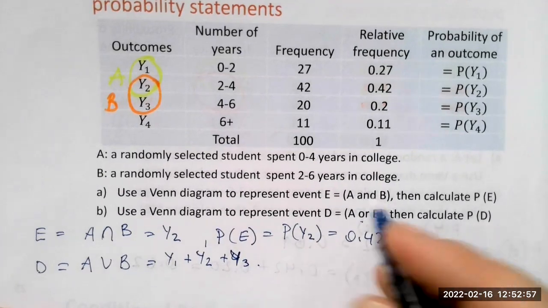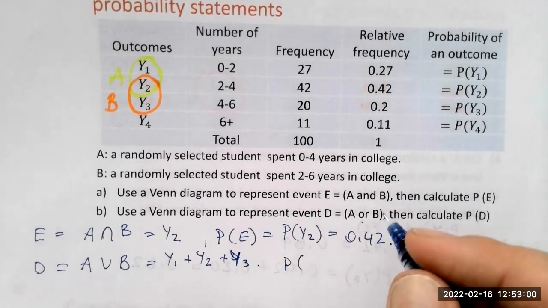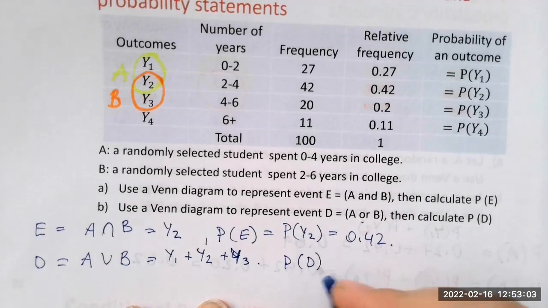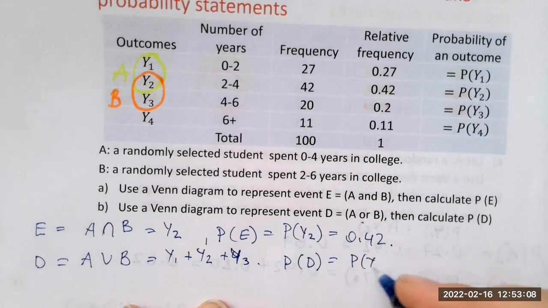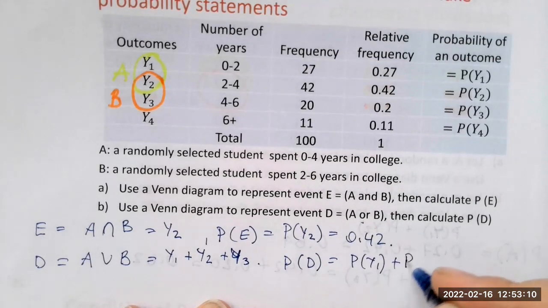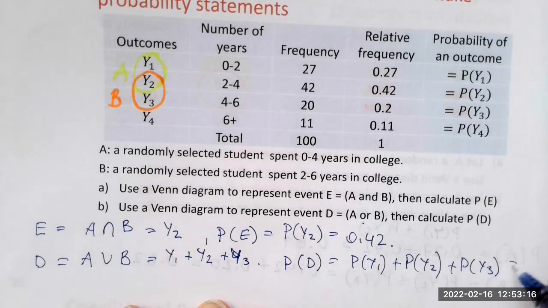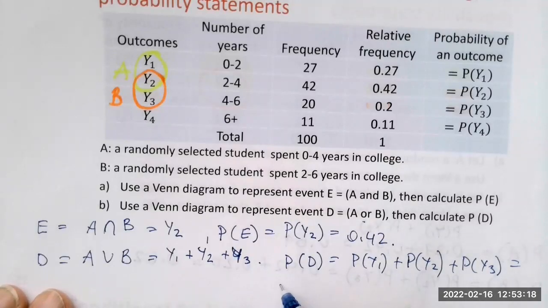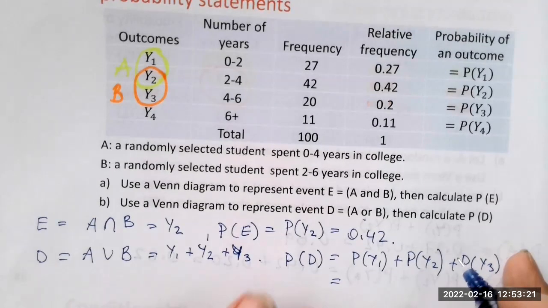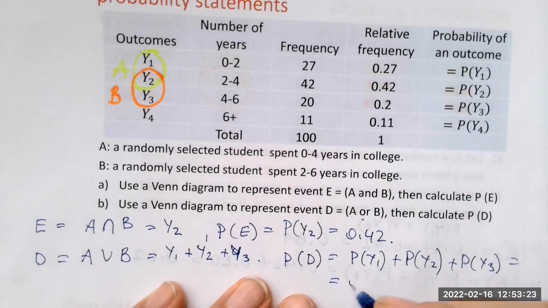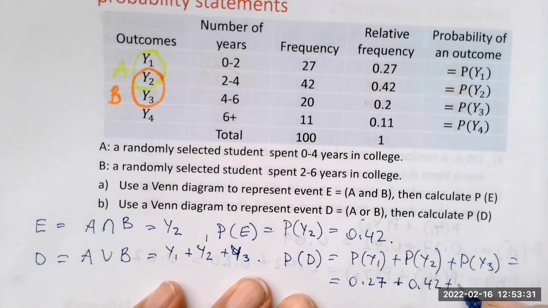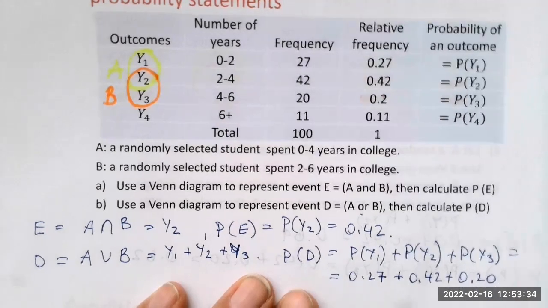To find the probability of event D, we have to add the probability of Y1, the probability of Y2, and the probability of Y3, which will be 0.27 plus 0.42 plus 0.20.